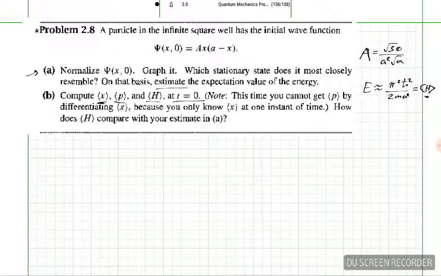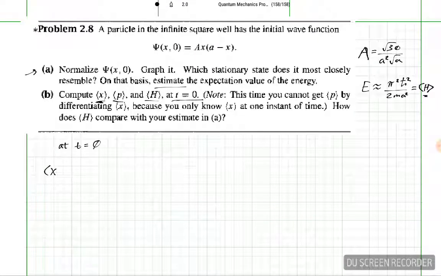So this is only at t equals 0 that we're considering. Okay, so our expectation value for our position, let's start there, is just going to be x times our psi value squared.